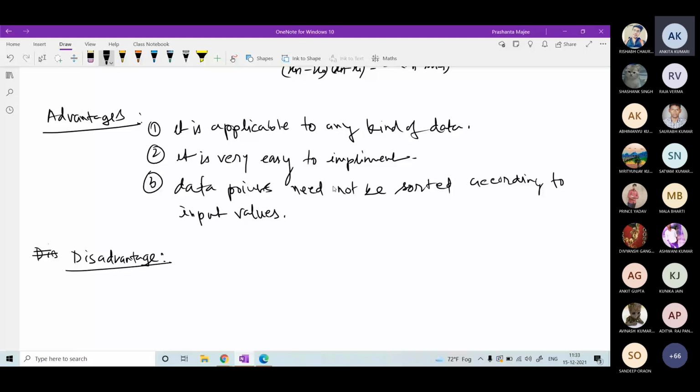Suppose the first 3 data points are given, so you found a polynomial of degree 2 using Lagrange interpolation. After that, I added one more data point. Can you use the previous calculation to find a polynomial of degree 3 for 4 data points? Earlier you had 3 data points, so the polynomial would have been of degree 2. You added one more data point, so now the polynomial will be of degree 3.